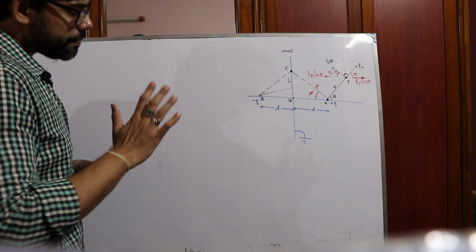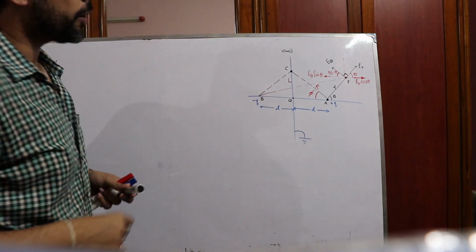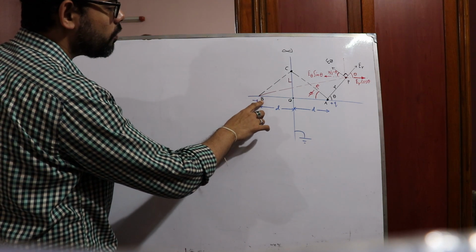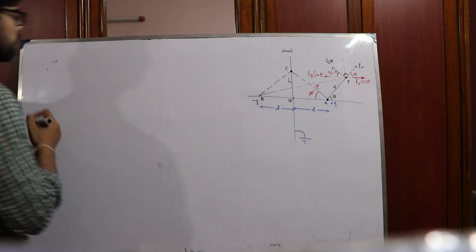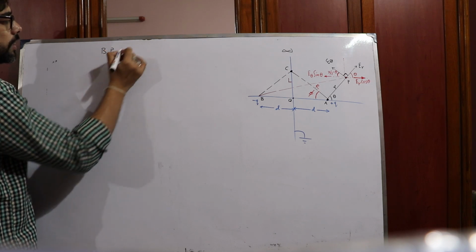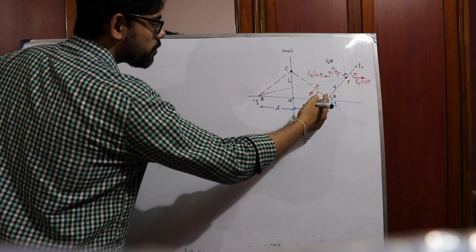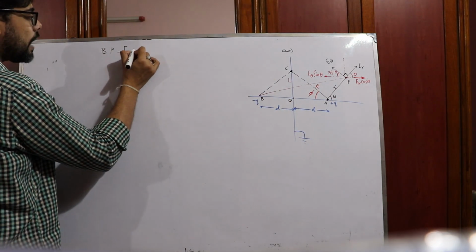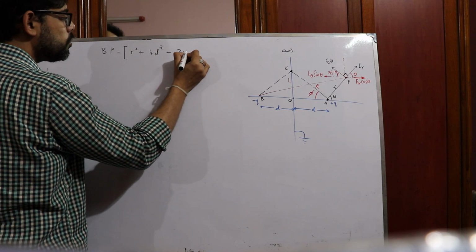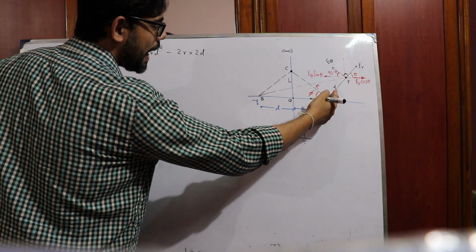Okay. So I want to find out at first the electrostatic potential at the point P. But before that, I must find the distance BP. So please see, the distance BP squared equals this distance square plus this distance square: r square plus 4d square minus 2 r into 2d cos of the angle between them.